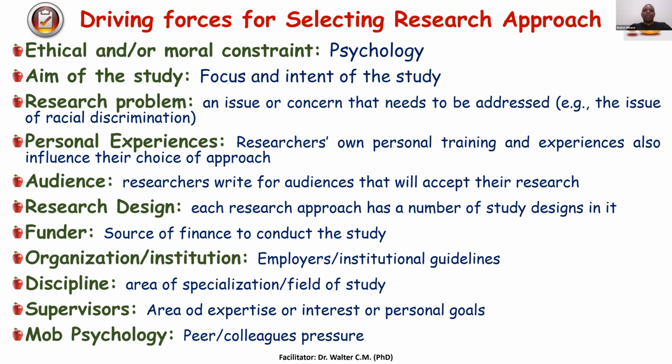You see, you can have a topic of interest that you want to go to the community and conduct your research. And then the nature of the problem that we are going to address through our research is more of ethical. You see, maybe talking of sex workers, talking of maybe sexual abuse among children.